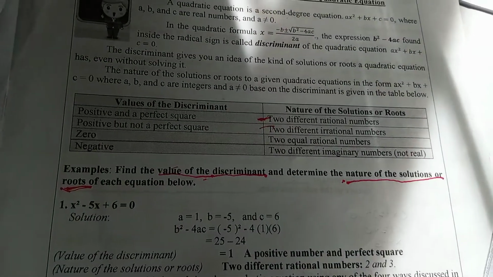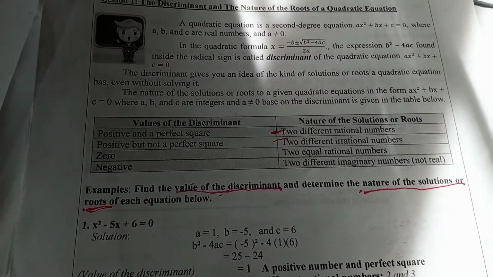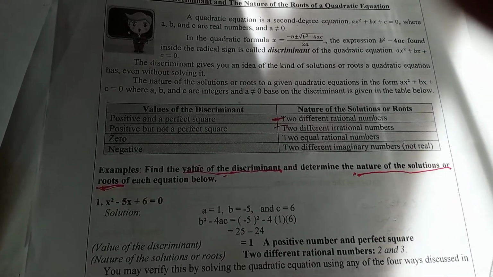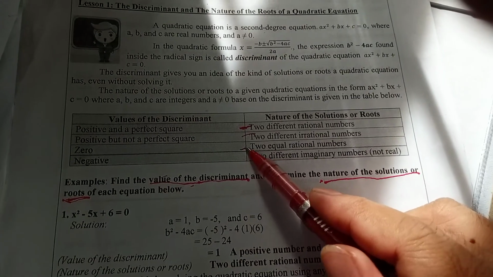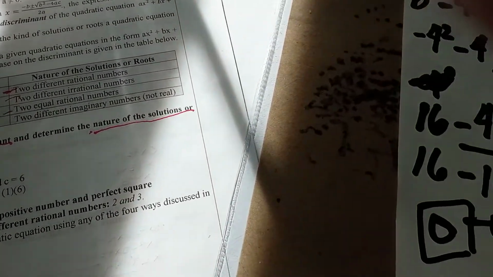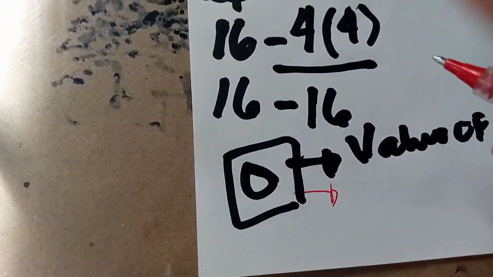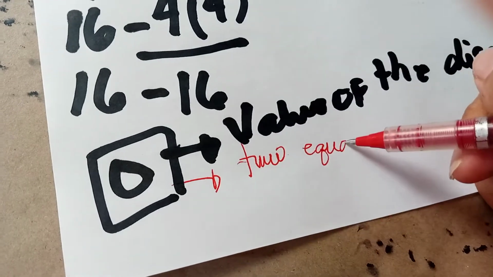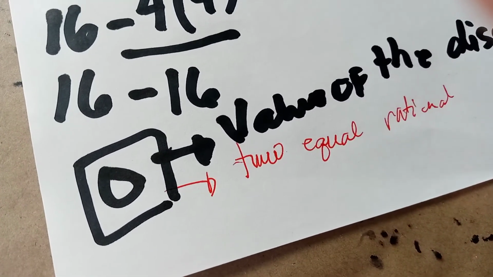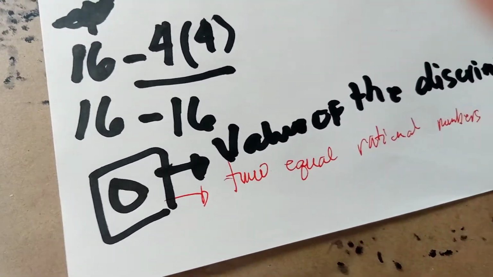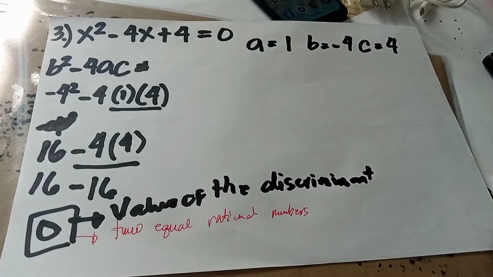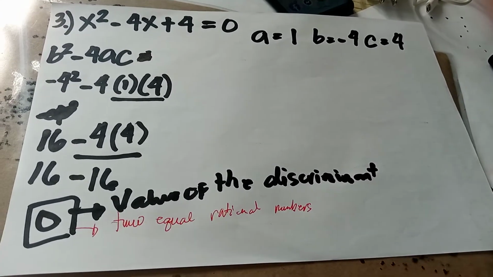So since the value of the discriminant is 0, the nature of roots is automatically two equal rational numbers. Since the discriminant is 0, the nature of roots is two equal rational numbers.